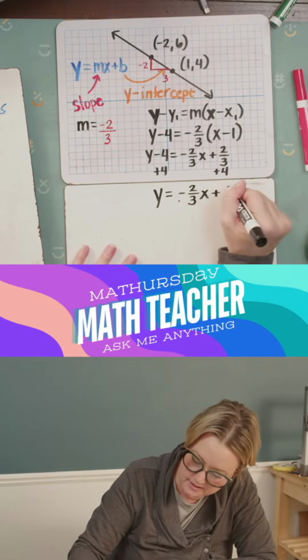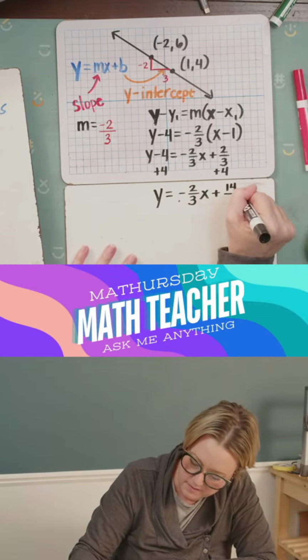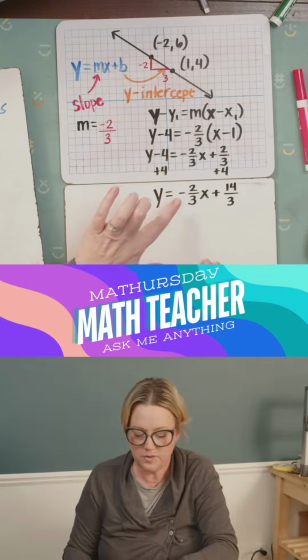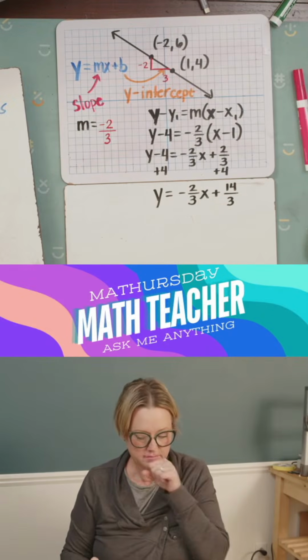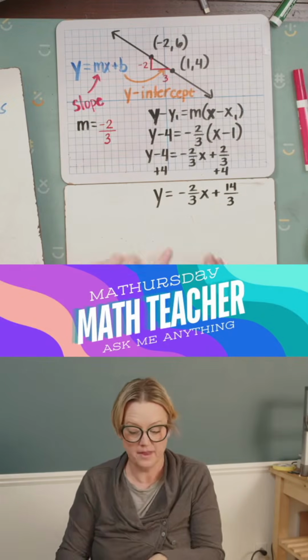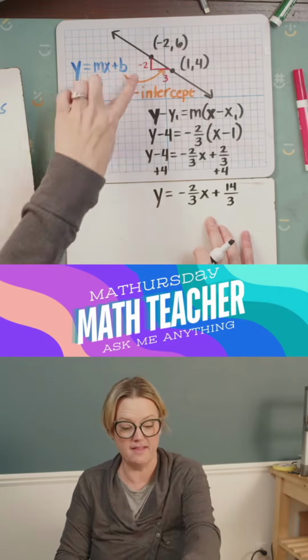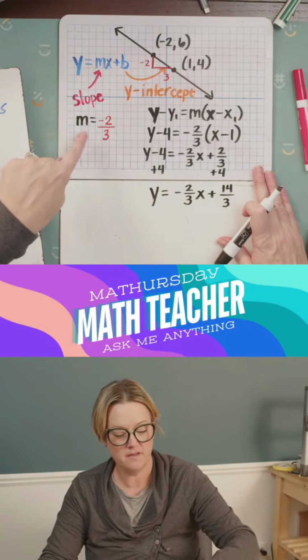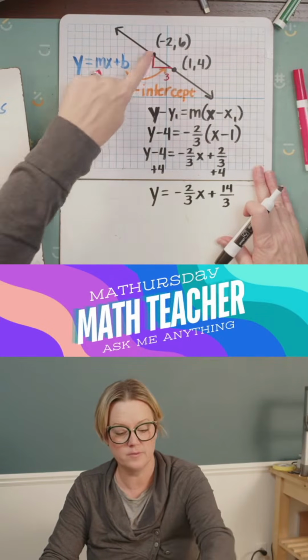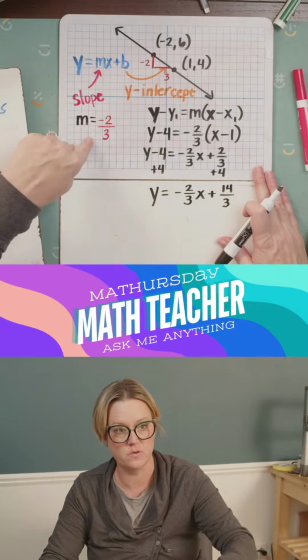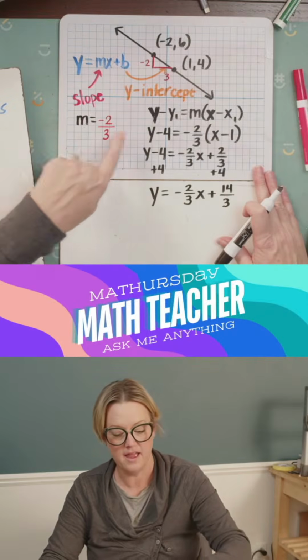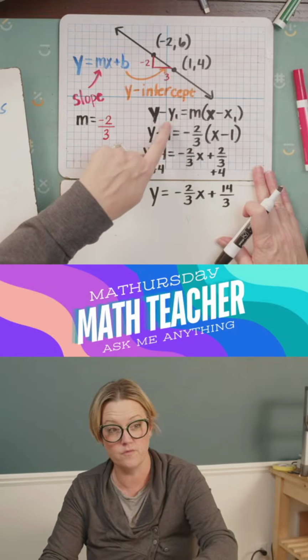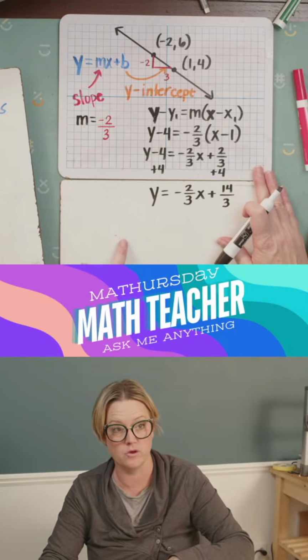So plus 14 over 3. That is my equation. This is the equation for that line up there. I took my 2 points, I found my slope, right? Slope is just rise over run, which is the change in y over the change in x. Then I put it into point slope form and went all the way through.